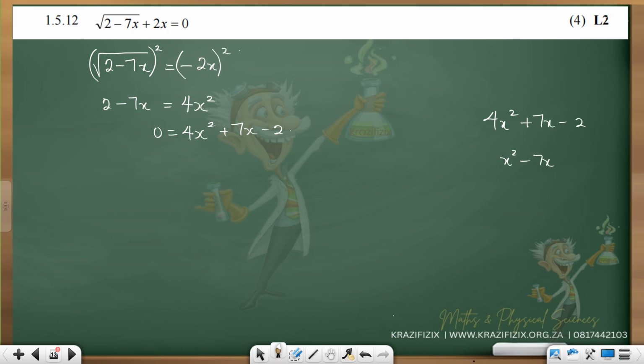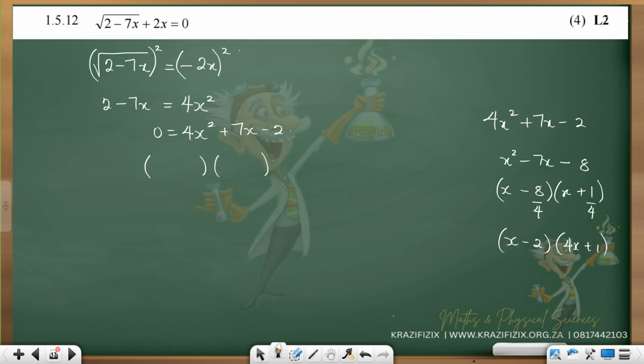x squared minus 7x minus 8. I'm sure we can factorize this. No, my signs are wrong. Minus 8, yeah. So we can now divide by 4. This is giving us 2 and this is 4x plus 1.